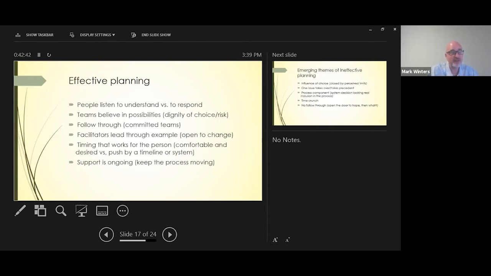It is really, really difficult to facilitate a plan when the person is not fully invested in wanting it to happen for themselves. If somebody feels like they have to plan because someone said they have to plan, it's a very different experience than when someone comes to me and says, I want to plan. I want people to listen to me. I want to tell people what I want in my life.